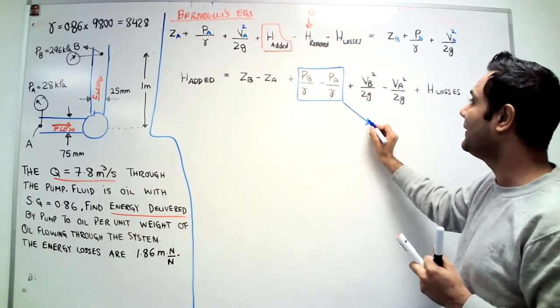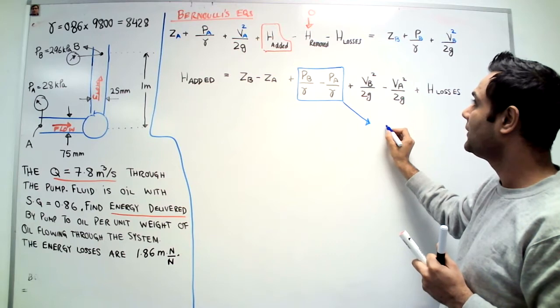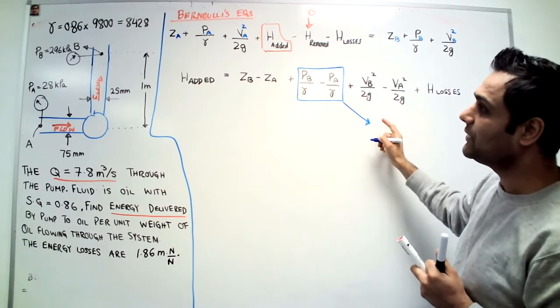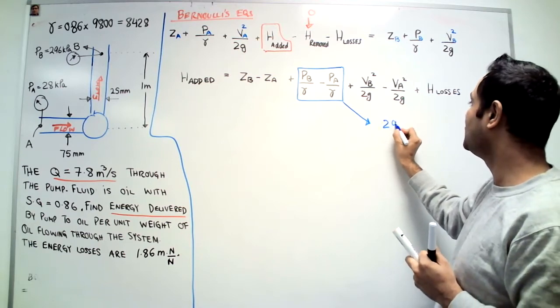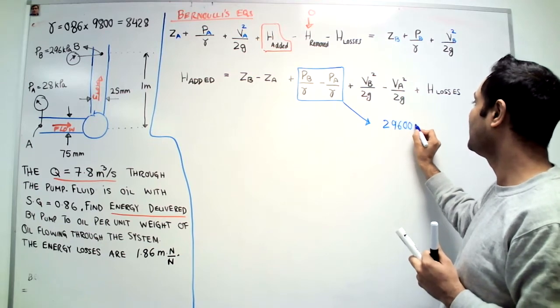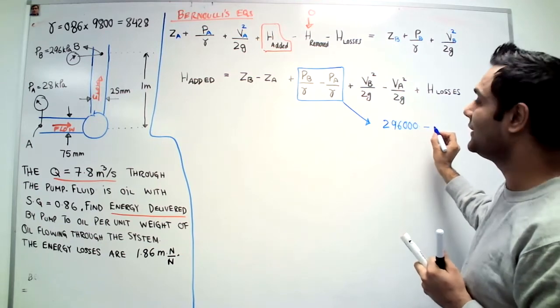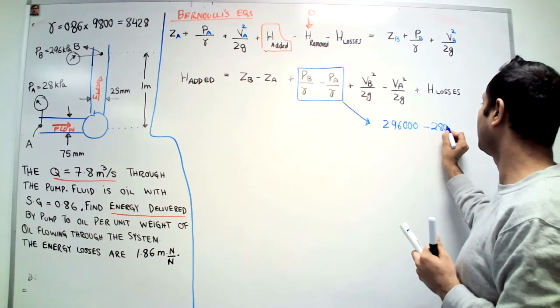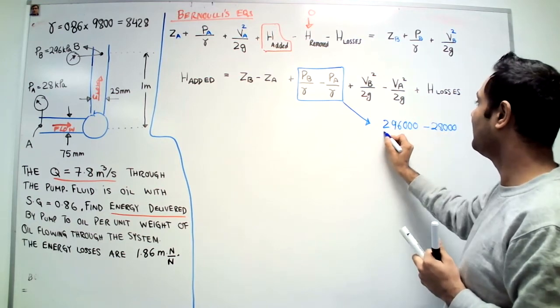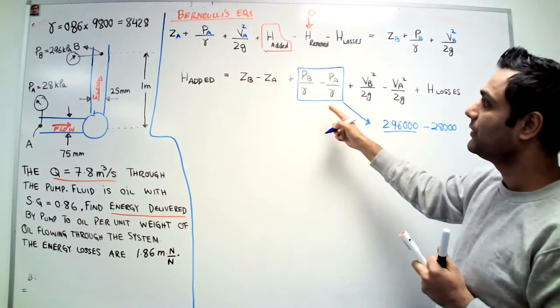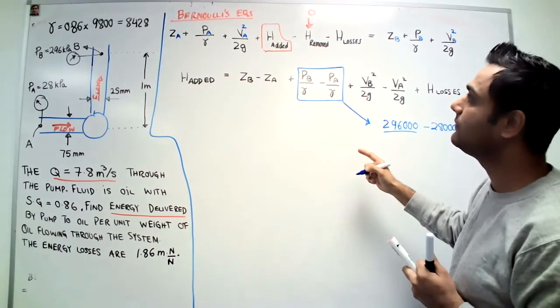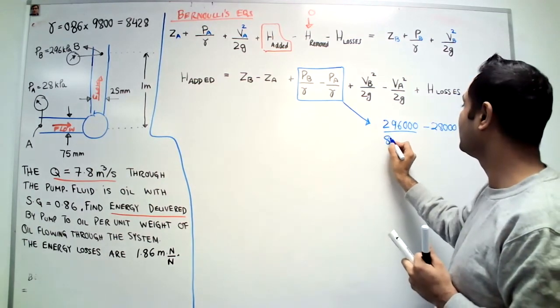When I calculate that bit, that becomes PB, which is 296 kilo, minus 28 kilo, so 3 zeros, divided by the gamma, which is 8428.